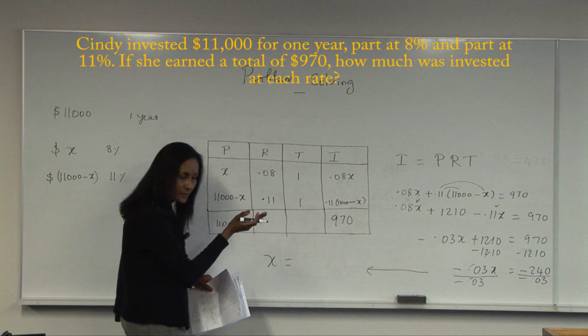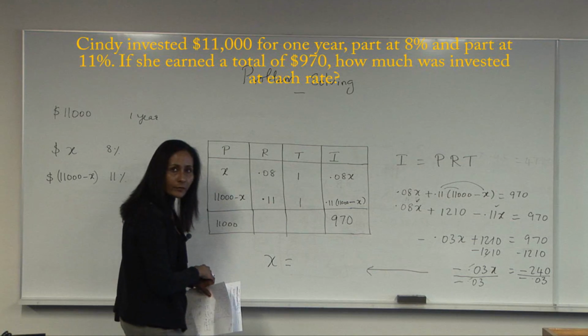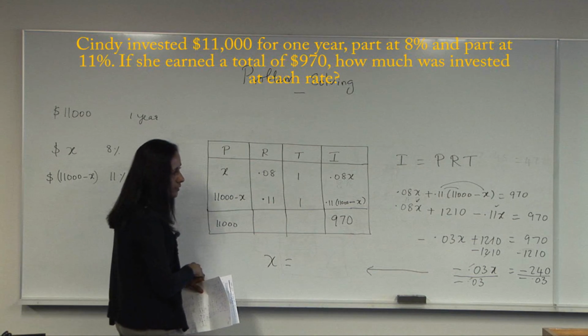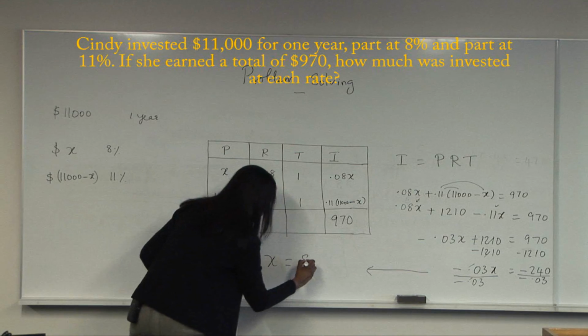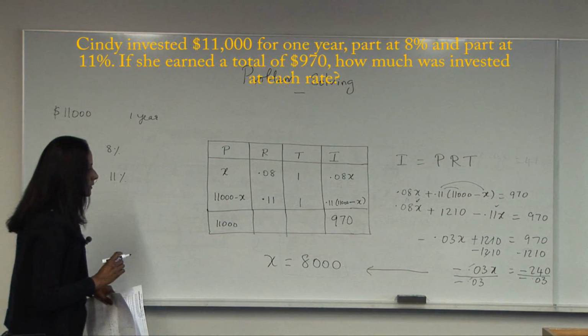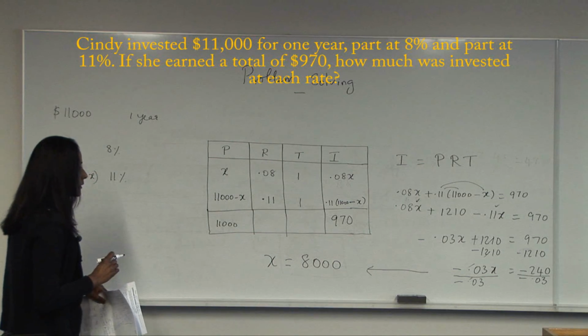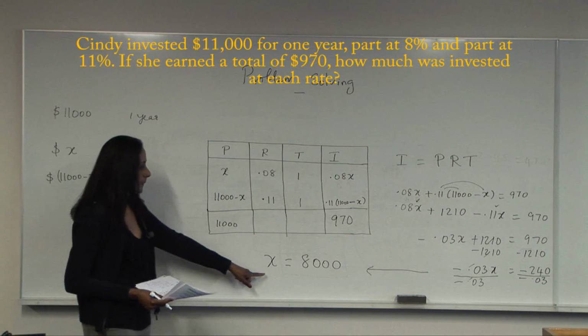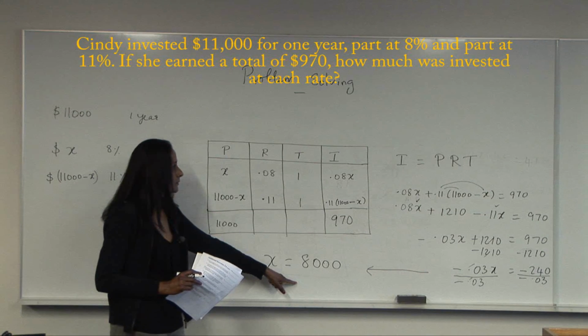Negative over negative is positive. So 240 divided by 0.03, that is going to be 8,000. Okay. So we found x. X is equal to 8,000.